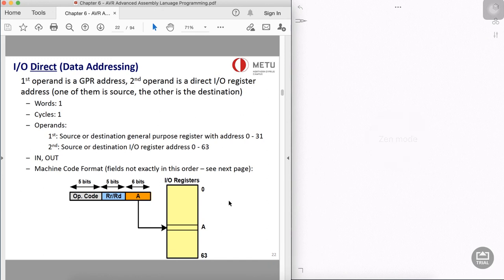So as we already said, three registers are used for this indirect addressing mode, which are X, Y, and Z. Now, these are each a combination of two specific GPRs. If I can draw this, this is like a huge register.